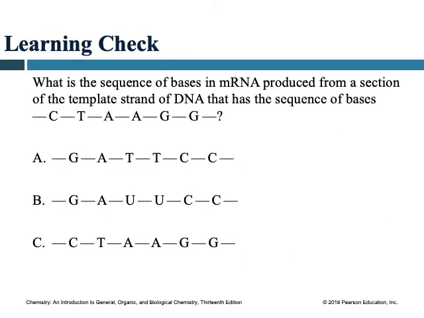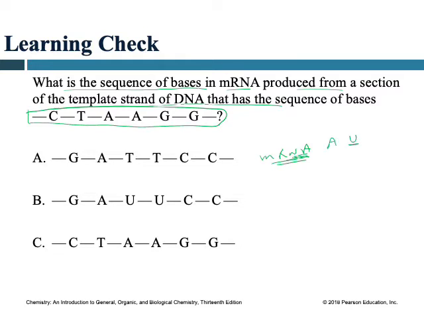Okay, so now let's talk about this particular problem. What is the sequence of the bases in mRNA produced from a section of the template of DNA? So if this is your DNA, what should be the mRNA sequence? You have to figure it out. If we talk about mRNA, adenine is bound to uracil, right? So let's go.